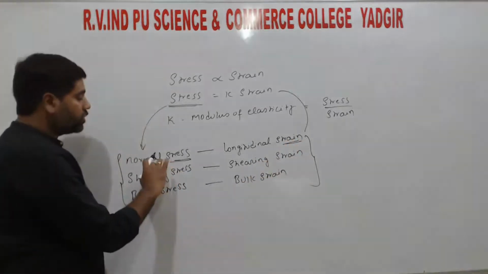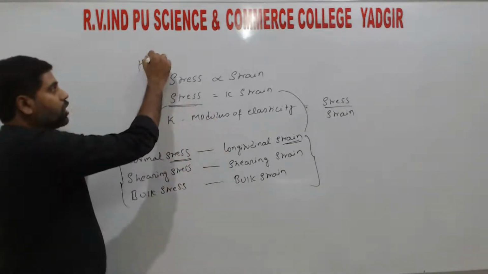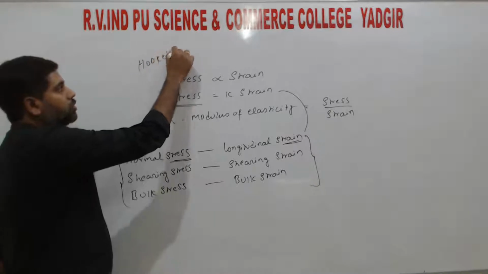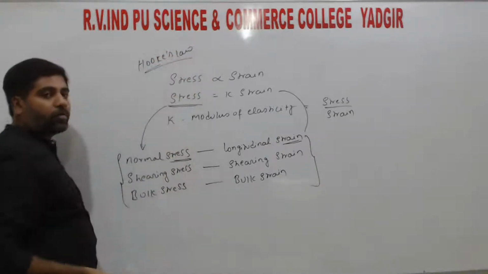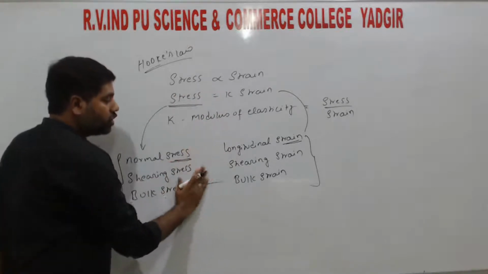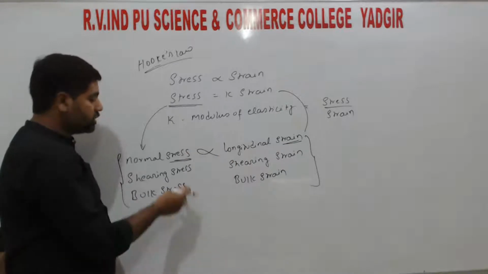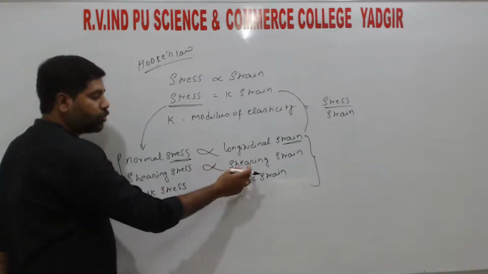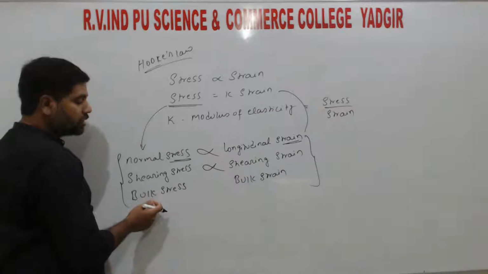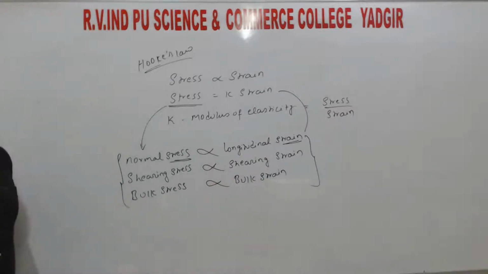If we relate the normal stress with the longitudinal strain, again from Hooke's law, stress is directly proportional to strain. In the same way, normal stress is directly proportional to longitudinal strain, shearing stress is directly proportional to shearing strain, and bulk stress is directly proportional to bulk strain, right?